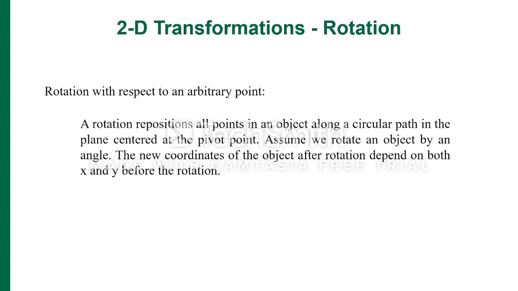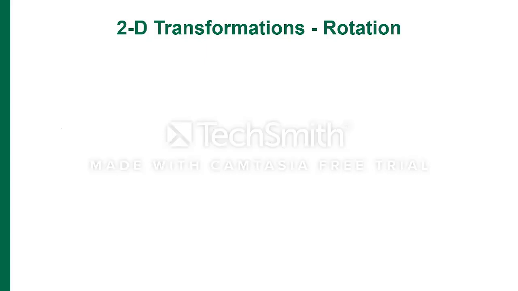Rotation repositions all points in an object along a circular path in a plane centered at the pivot point. Assume we rotate an object by an angle theta. The new coordinates of the object after rotation depend on both coordinates x and y before the rotation.